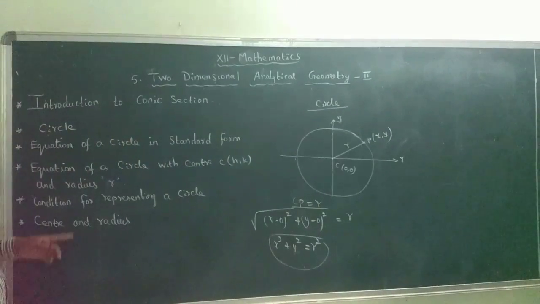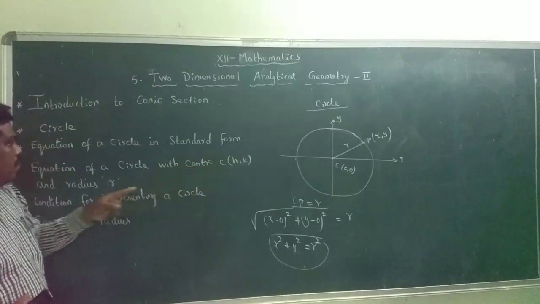Now we can derive the equation of circle with center h, k and radius r.